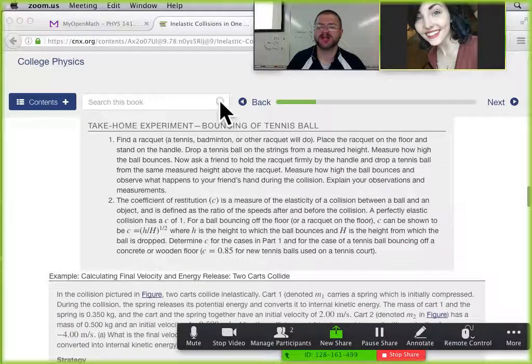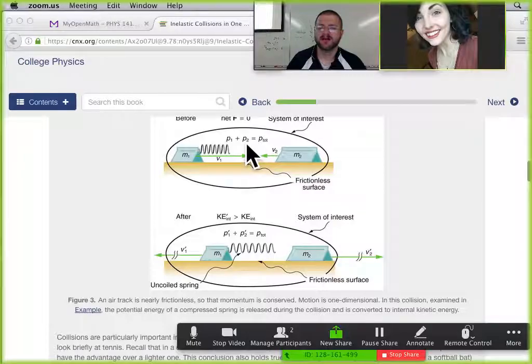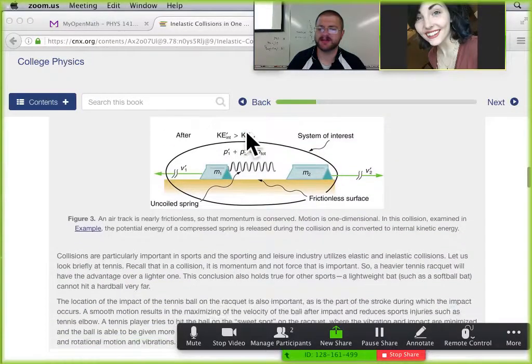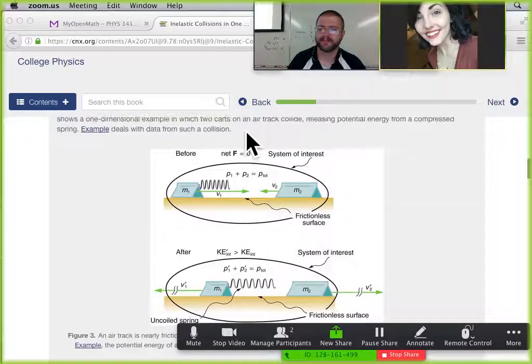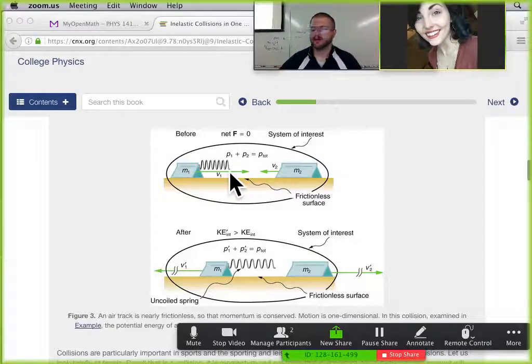They are doing it just like it is shown up here, but what they're saying is the spring makes this not a perfectly inelastic collision, but an inelastic collision because the spring adds kinetic energy to the system in the middle. So this is an example of an inelastic collision that is not perfectly inelastic.